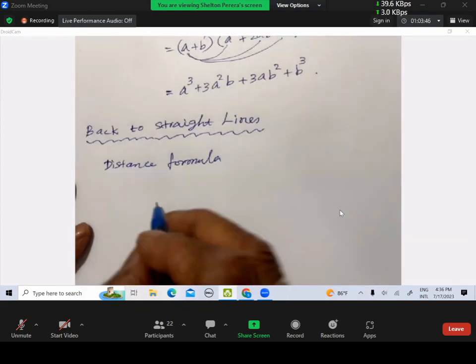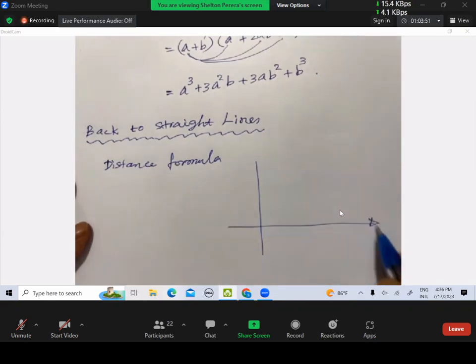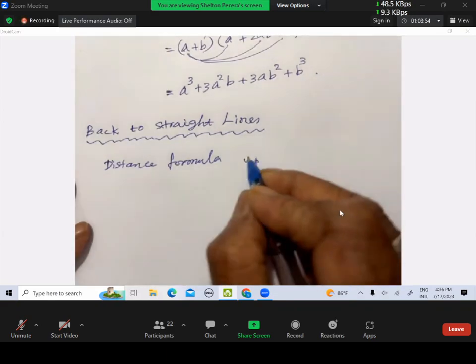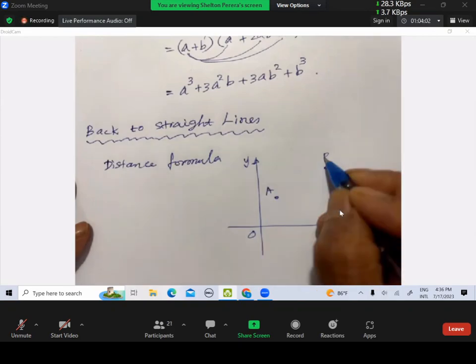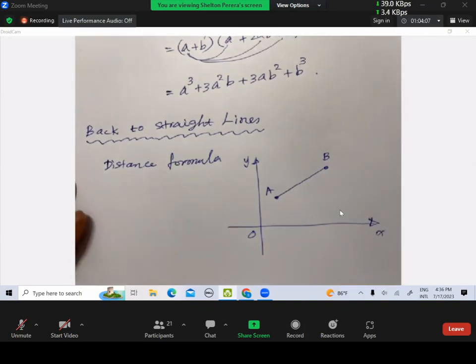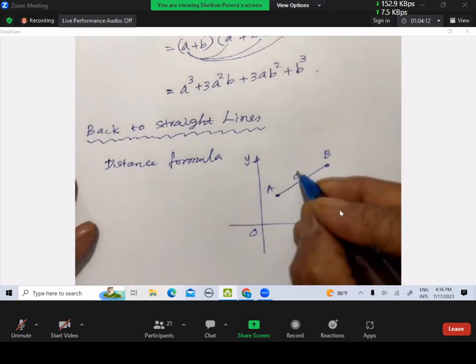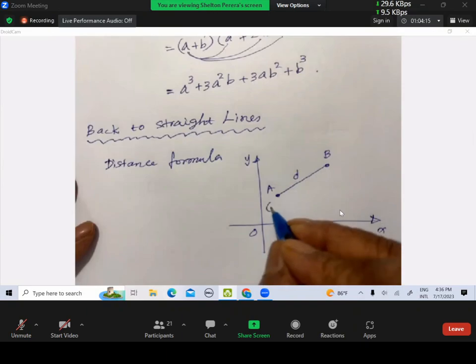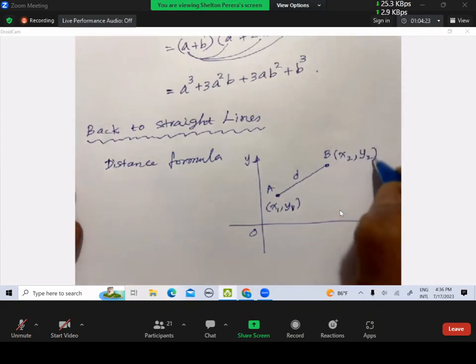The distance formula says, if you have 2 points, let us say this is A, this is B, and I need to know the distance between these 2 points, meaning the distance AB, let me call it D. I need it using the coordinates x1, y1 for the point A, and let us say the coordinates of B are x2, y2.